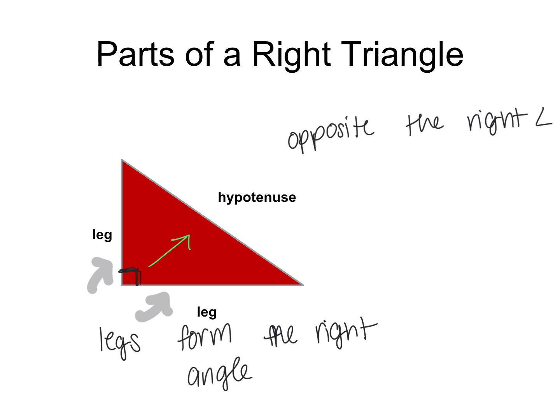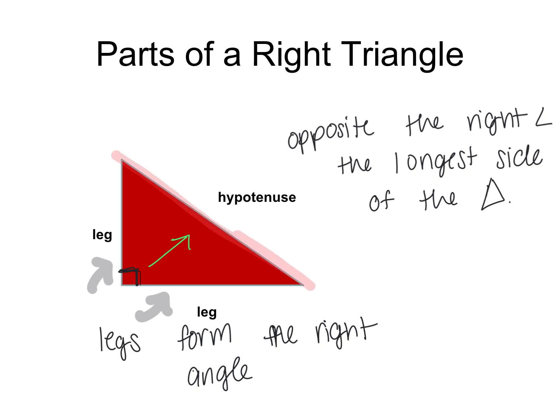Opposite the right angle, and this is considered the longest side of a triangle. You have to know that, okay? Your hypotenuse, no matter what, is always the longest side. So please make sure you know that. This right here is considered the longest side of a triangle.